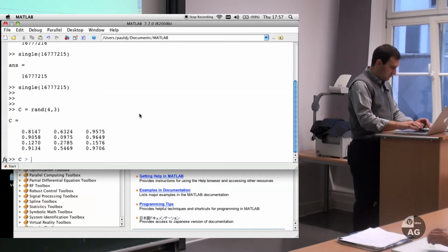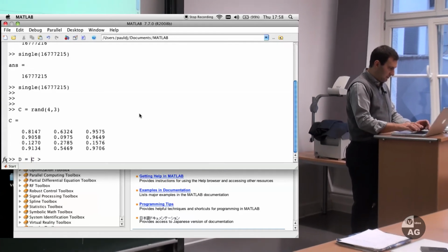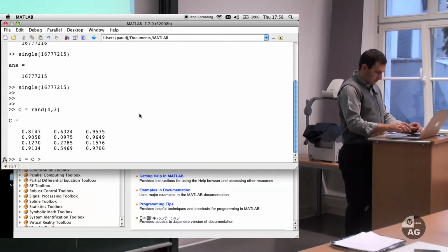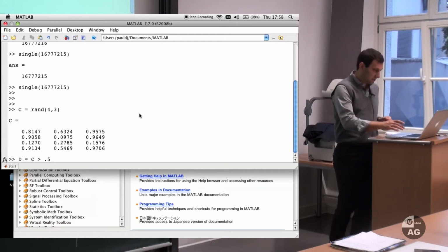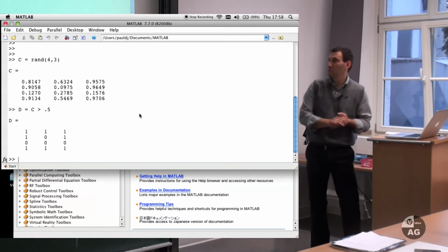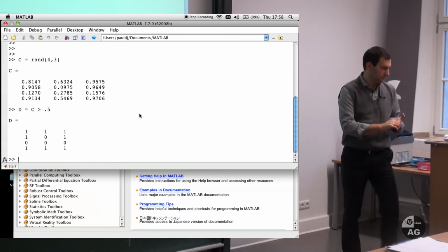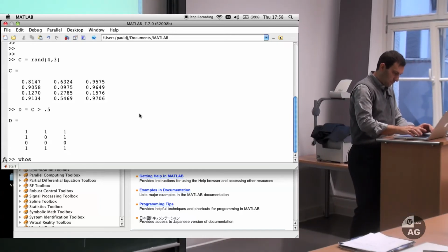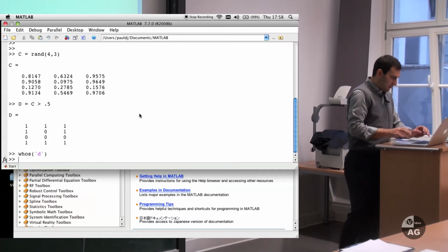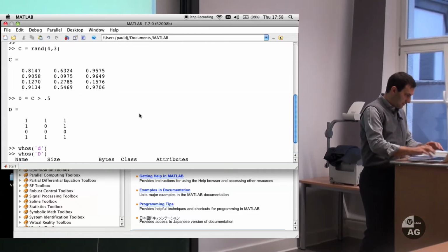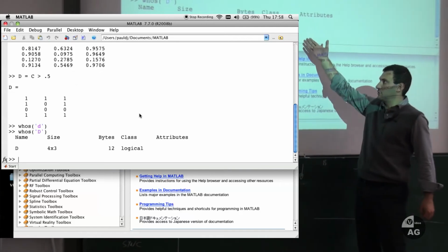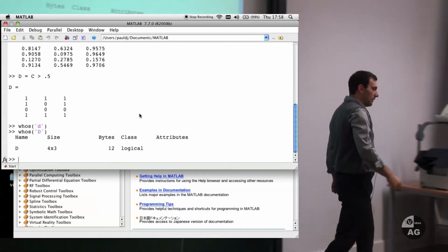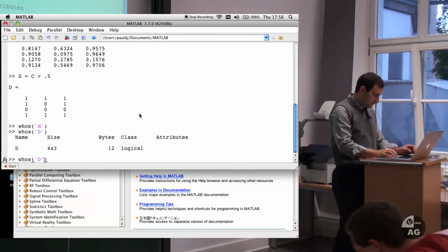And then I want to see D is a logic matrix. It tells me which entries are greater than 1. If I do who is of D, I see that it's a matrix of logical numbers, 4x3.